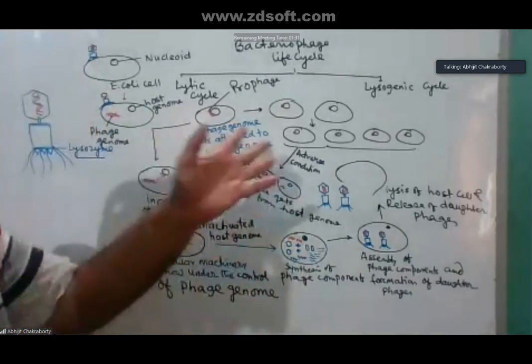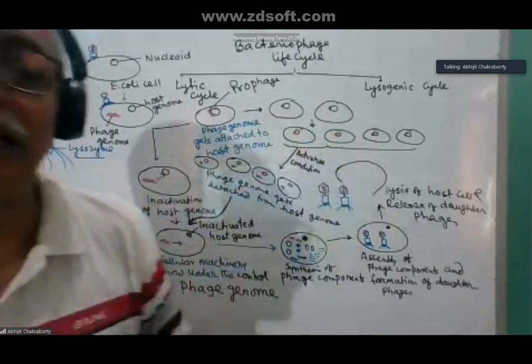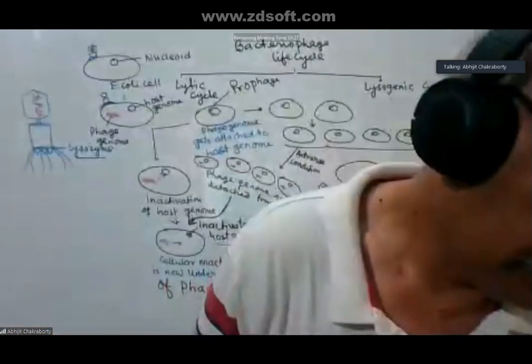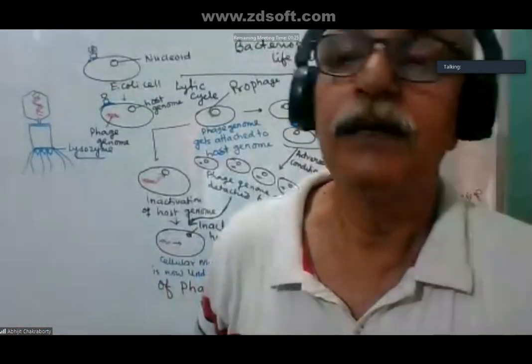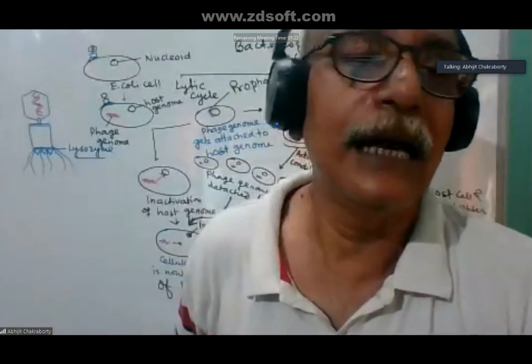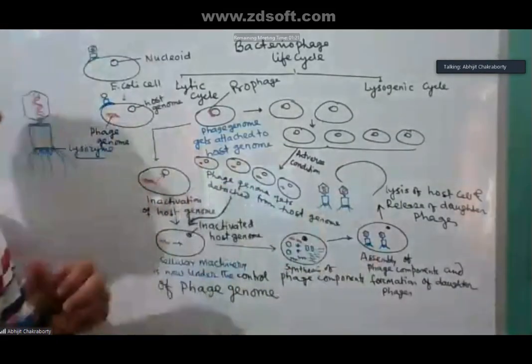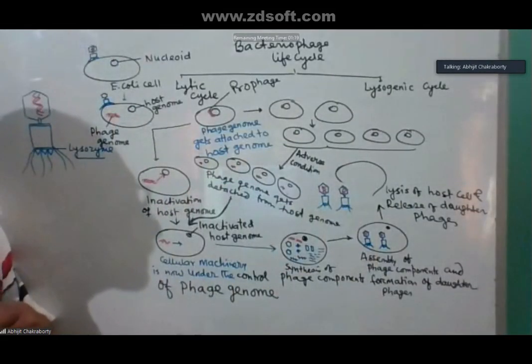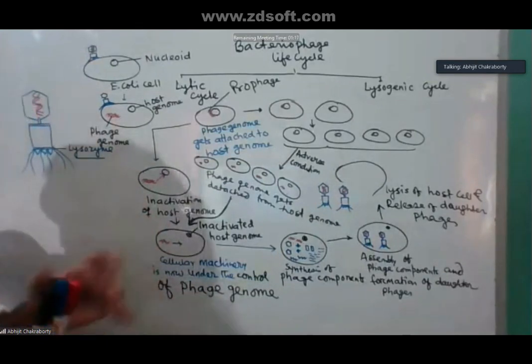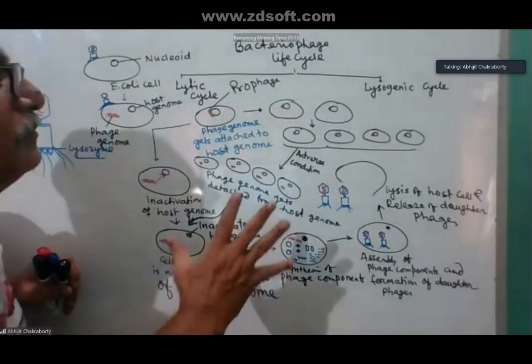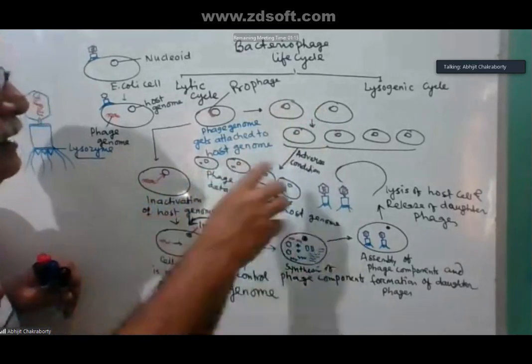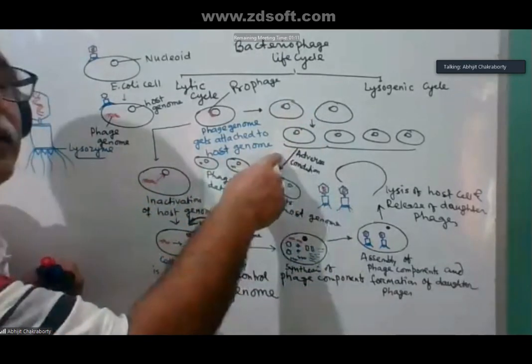So, this part is lysogenic until the phage genome, and then you will get the lytic part. Is it clear now? In the lysogenic part, you will get up to this.